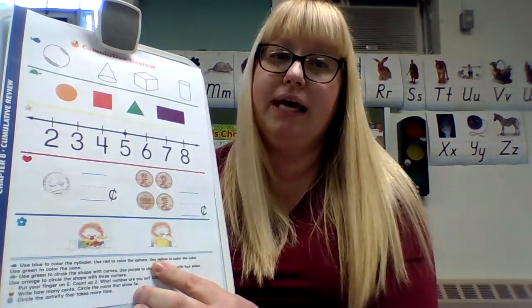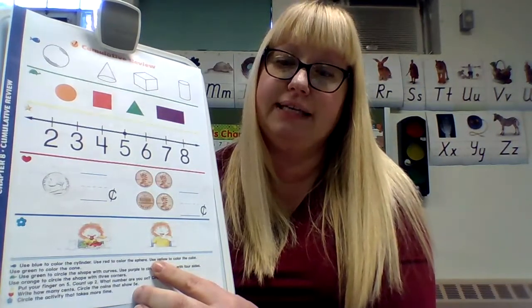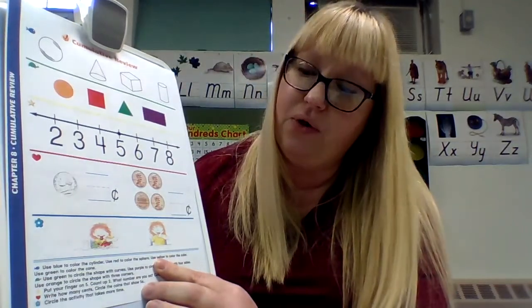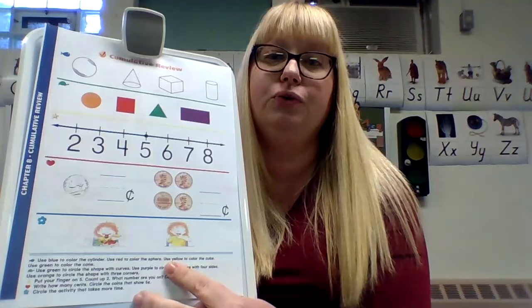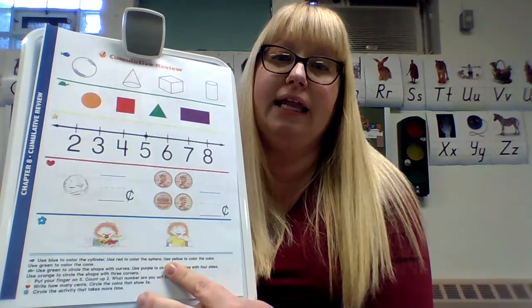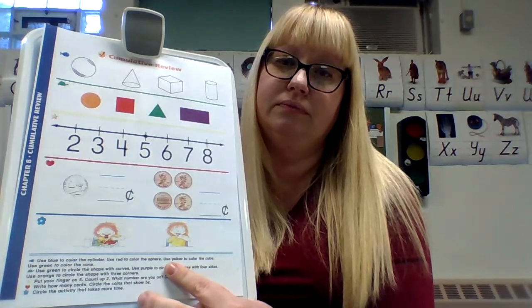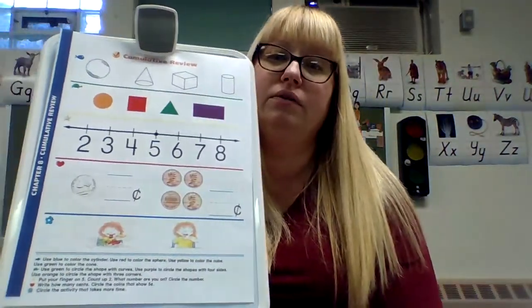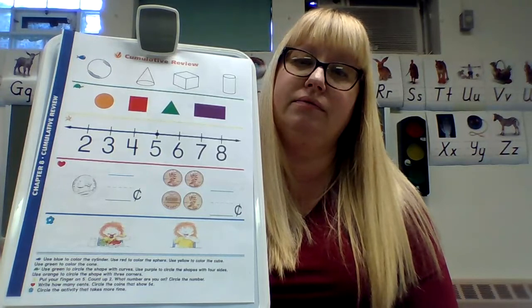So blue to color the cylinder, red to color the sphere. Next is yellow. Use yellow to color the cube. And then you should know what the green's for. Use green to color the cone. Green to color the cone.